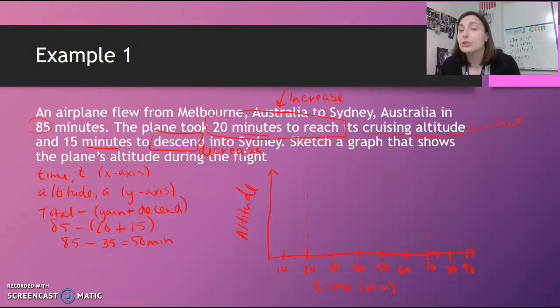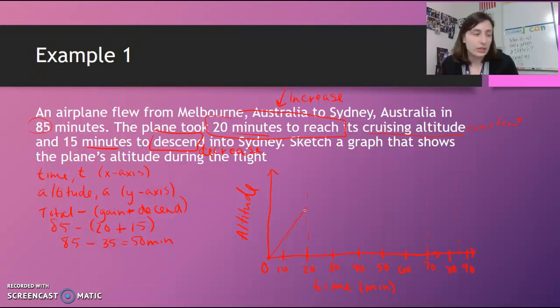Now, we do start our altitude here at 0 because it's hard to board a plane while it's in the air. So we're going to start our altitude at 0, and then I'm going to draw an increasing, positive slope line. It can be slightly different for each of us.